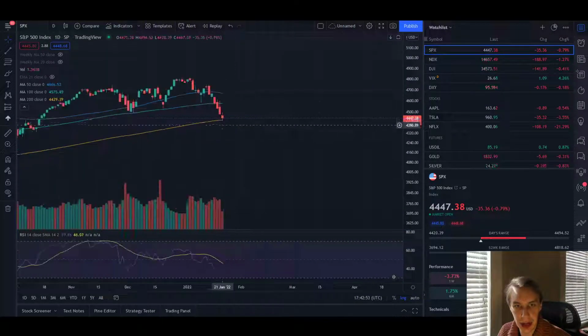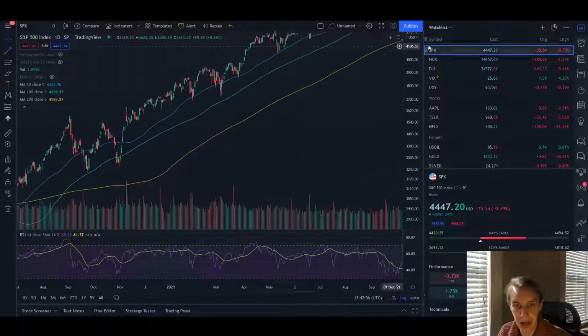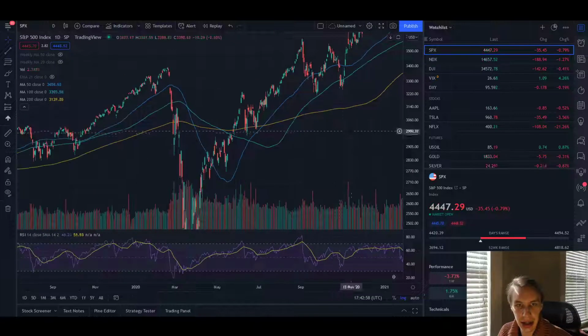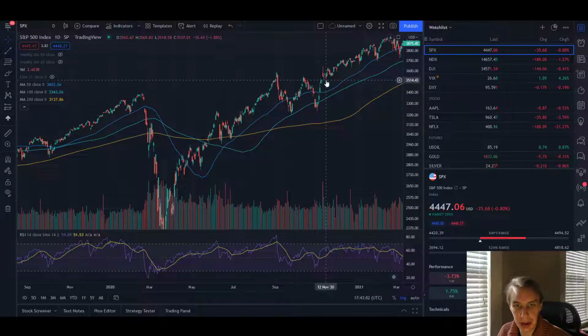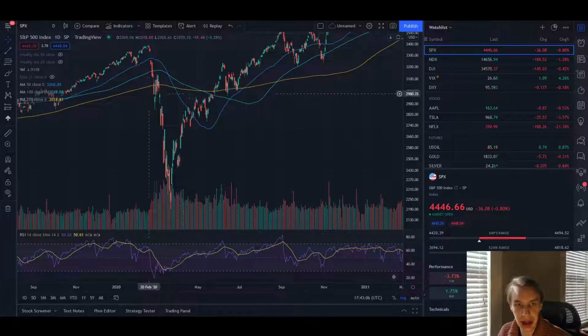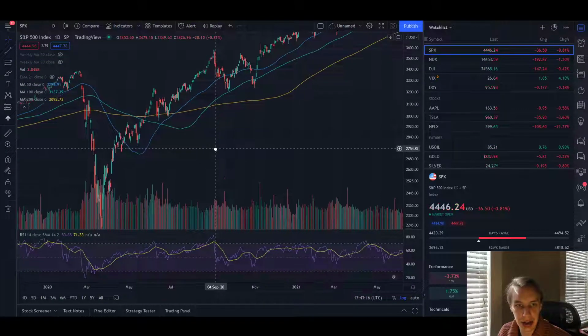We've broken below that pretty decisively, and now we're testing the 200-day moving average, which really hasn't been important since June of 2020. We've been so far above it that it hasn't really come into play. So we haven't actually broken below the 200-day moving average. The last time we moved below it before reclaiming it was the COVID crash, the March 2020 crash.